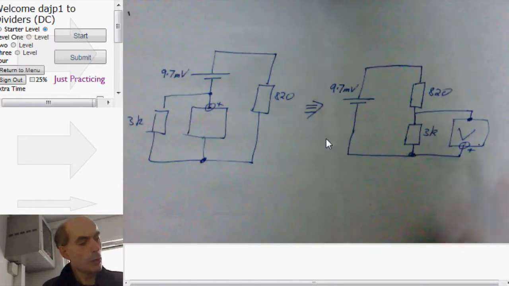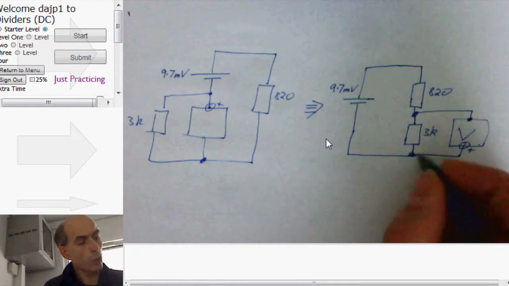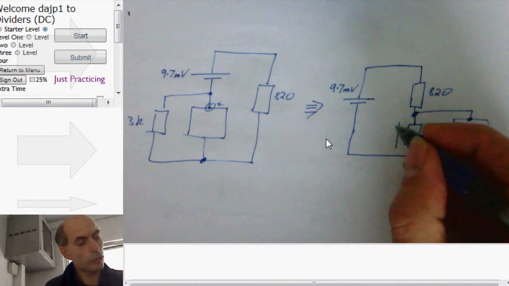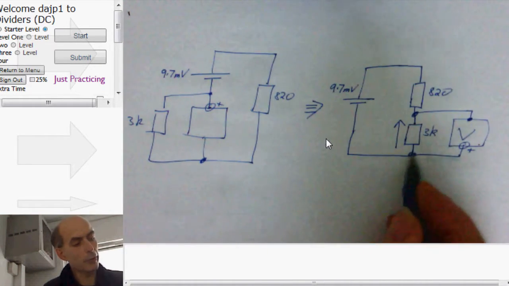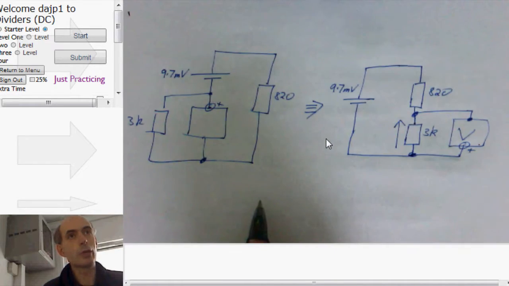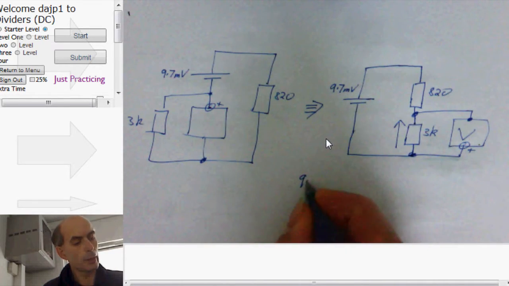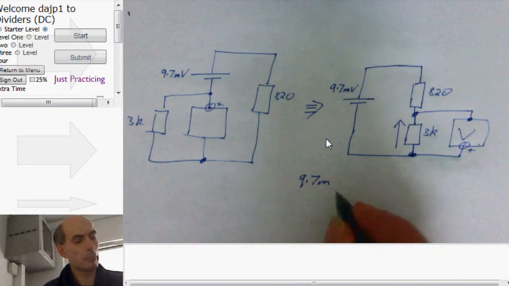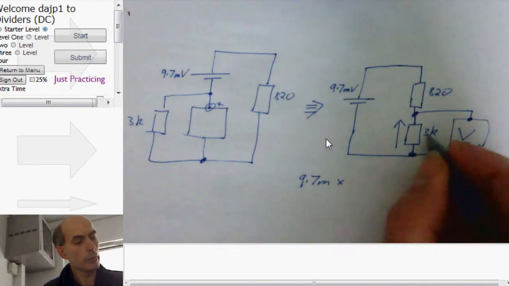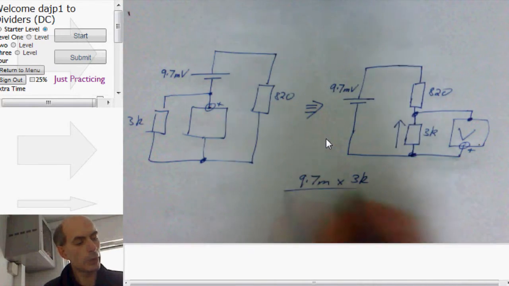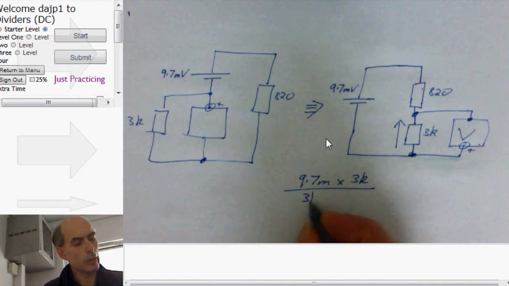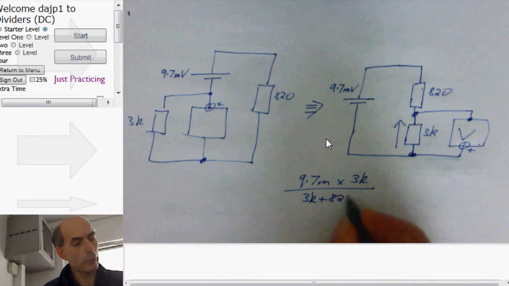Right, well, I can work out what the voltage across this 3K resistor from there to there is using the standard potential divider equation. That would just be 9.7 millivolts times 3K divided by the total resistance, 3K plus 820 ohms.